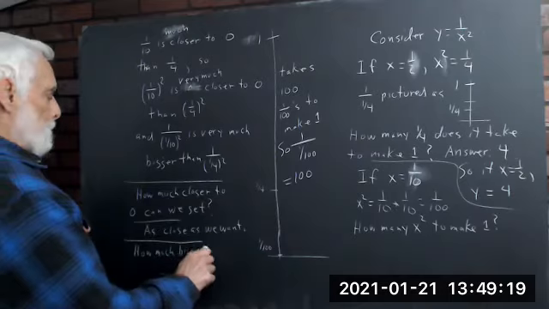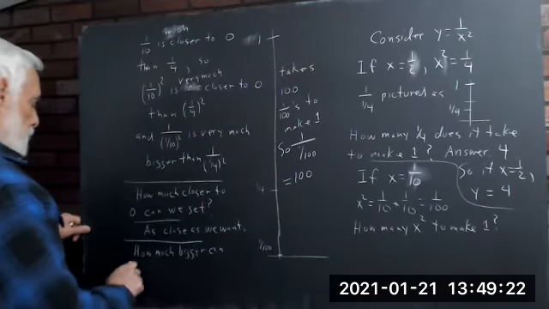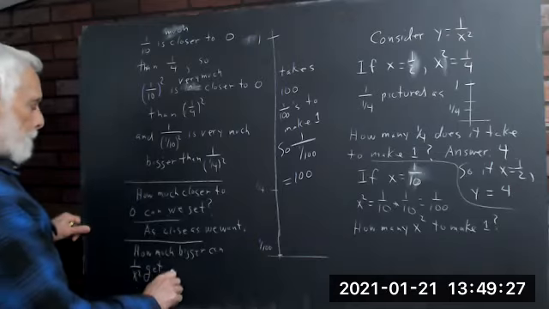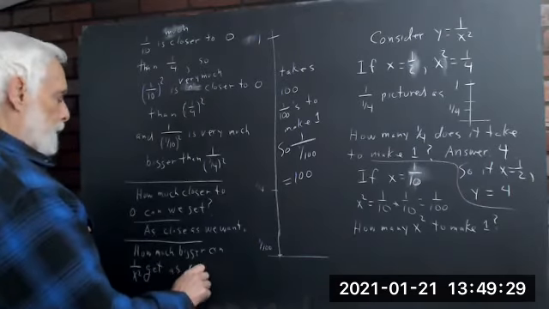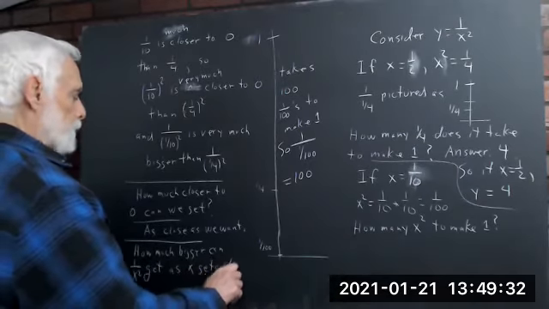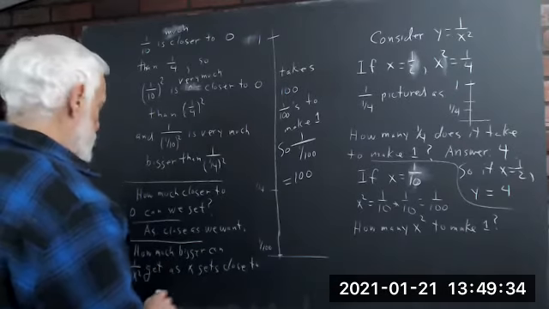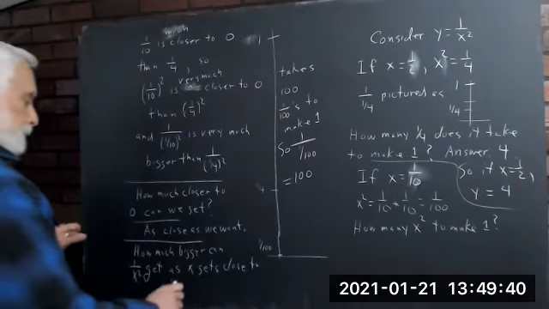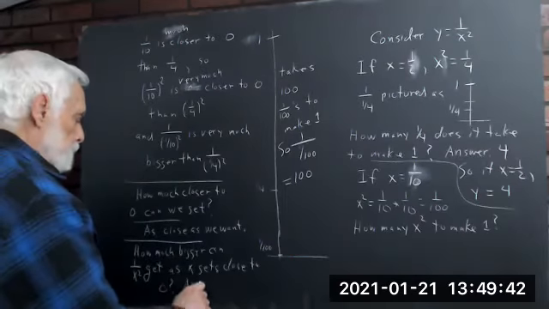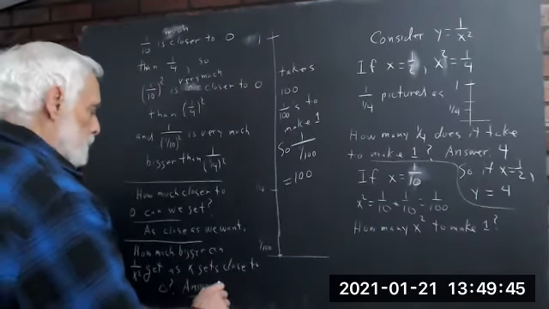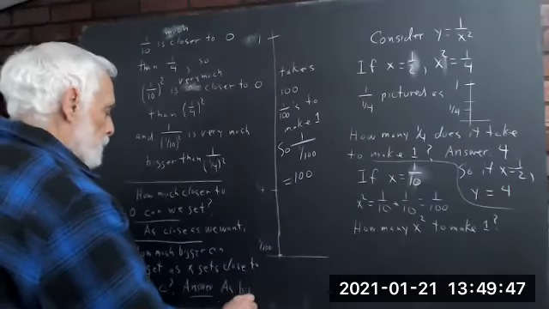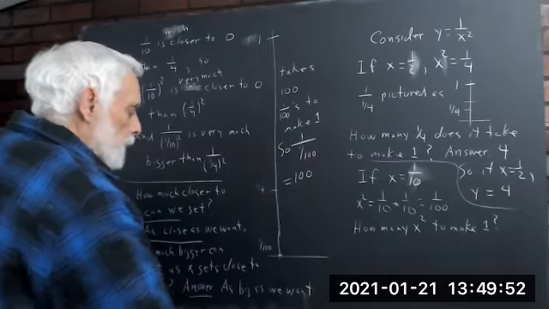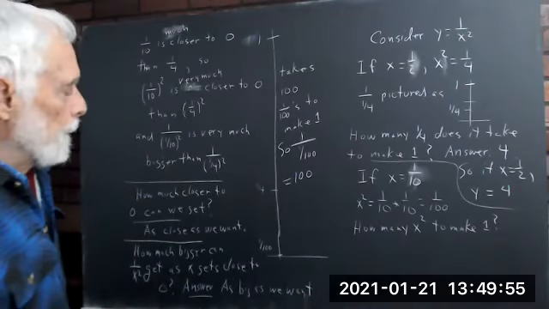How much bigger can 1 over x squared get as x gets close to 0? Answer: as big as we want. Okay?